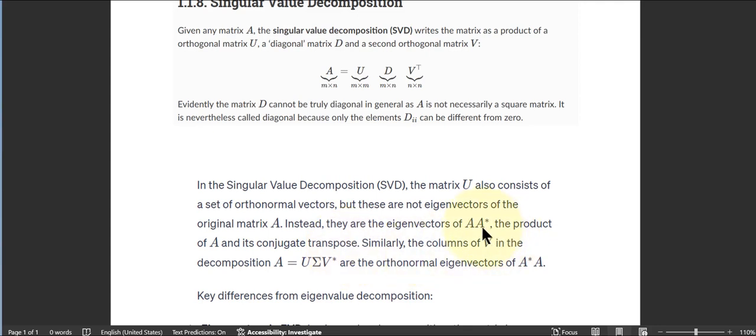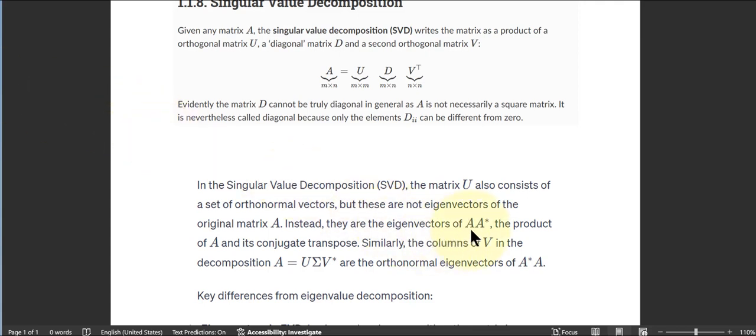If there are any complex numbers in A, you have to take the conjugate of those first and then take the transpose. But generally, we won't have any complex numbers in our matrices. If all the numbers are real, the conjugate is the same, so you just take the transpose. So we can just think of it as the transpose.